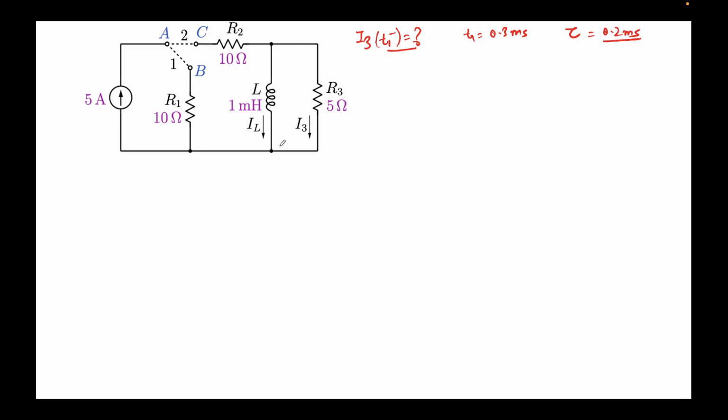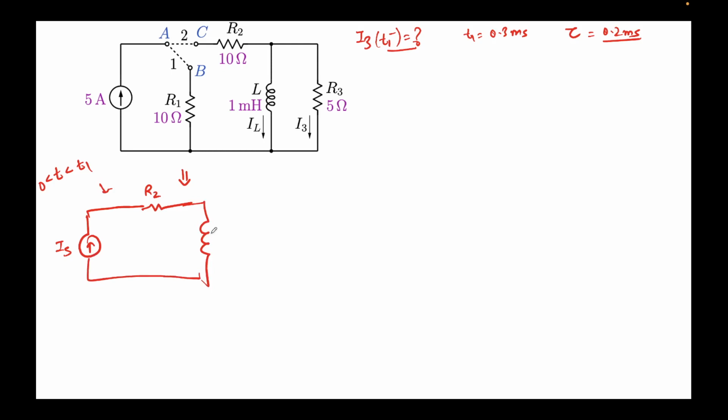So first I'll draw the circuit. I'm calling this IS, which is 5 milliamps. I'm drawing the configuration when the switch is in position 2, because I'm interested in finding what's happening at t equal to T1 minus. This is how the circuit will look.